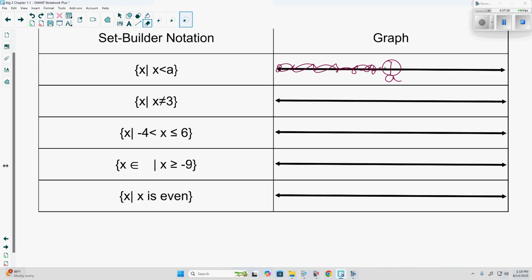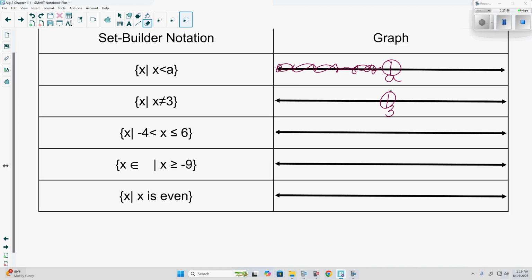The second one's a little bit easier. Brace x bar, the set of all real numbers x such that x is what? Not equal to 3, yes? So we do have 1 point on this here, and it is 3. Would we fill that circle in? No, right? Because it says x is not equal to 3, yes?